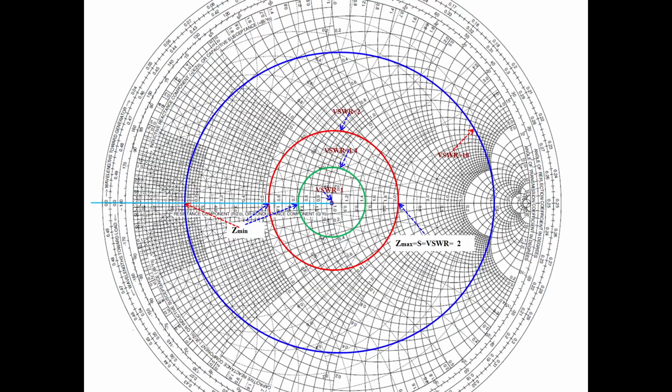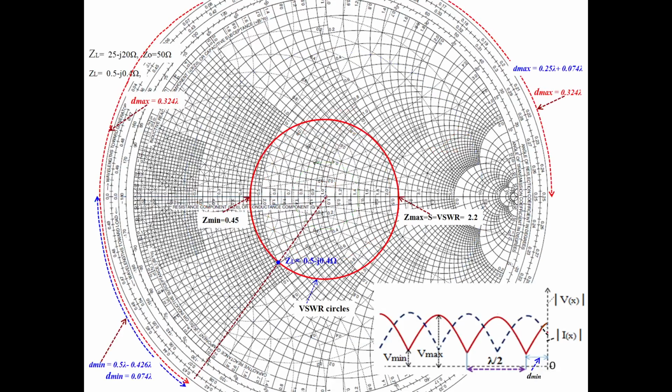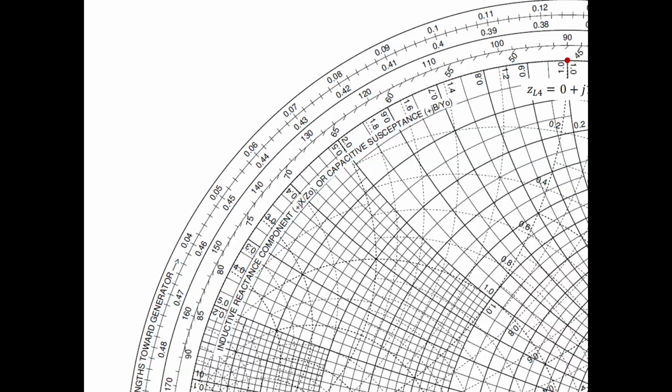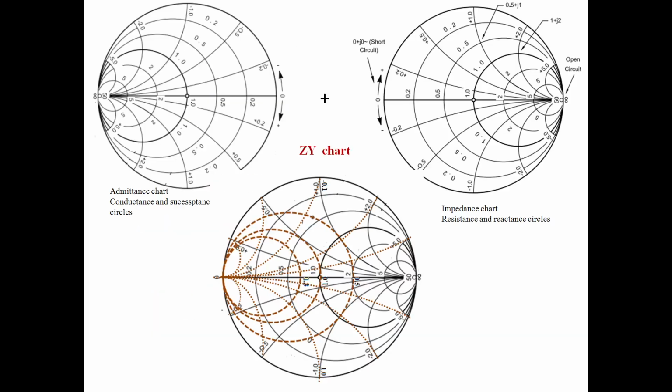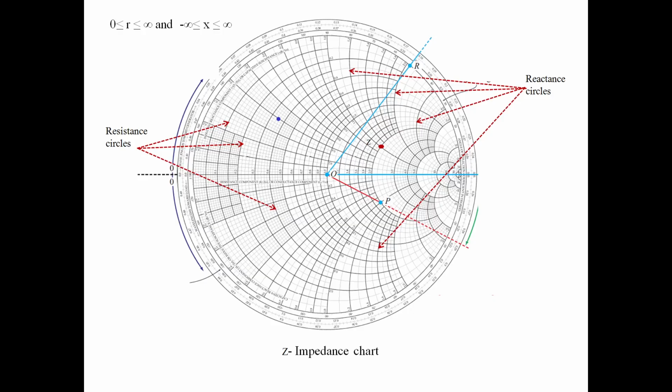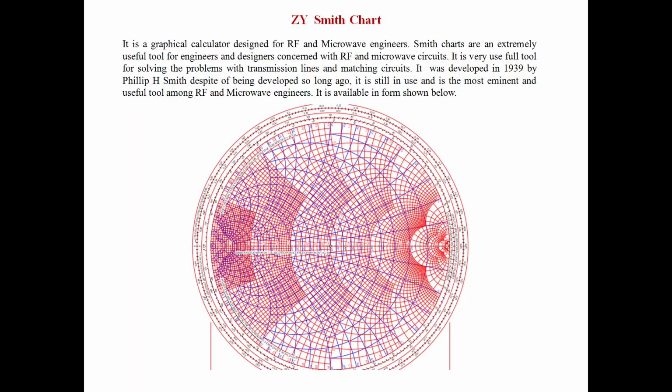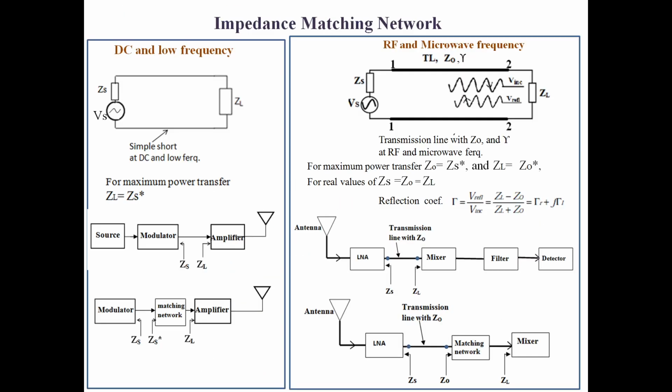It is very important in transmission line applications, as we were discussing in the earlier classes. See, here an LNA is connected, and this is a mixer load. The input impedance of the mixer is the load ZL.